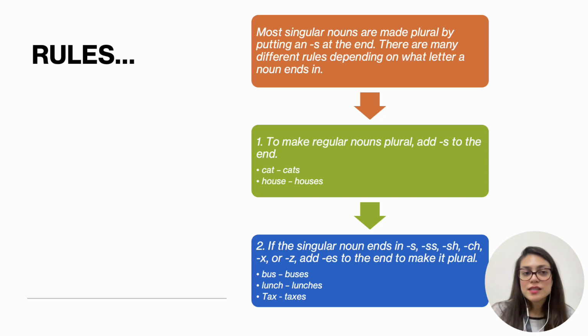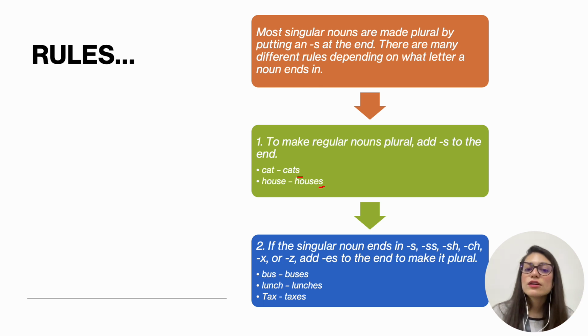Many singulars, we can just add an S at the end and we're going to make it plural. To make regular nouns plural, add S to the end. For example, cat is the singular, cats is the plural. We are only adding the S. House is the singular, houses is the plural. So we are just adding the S at the end.